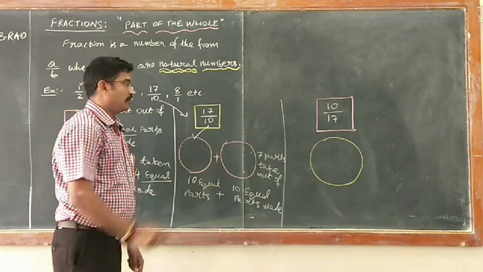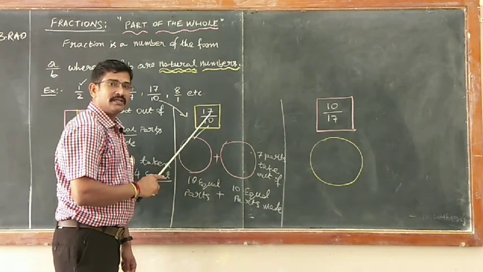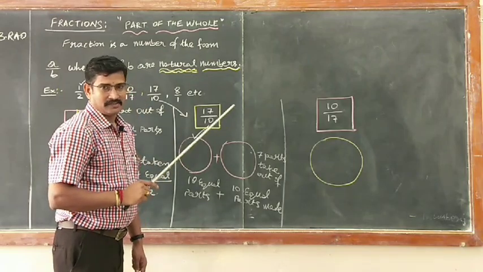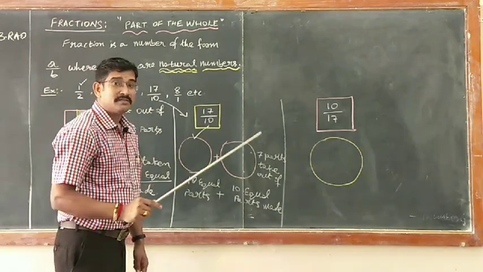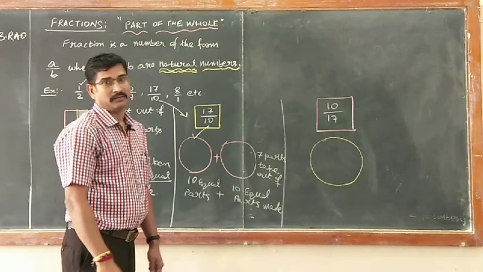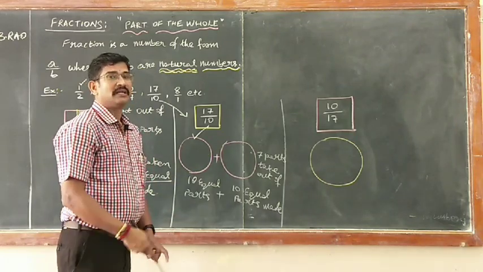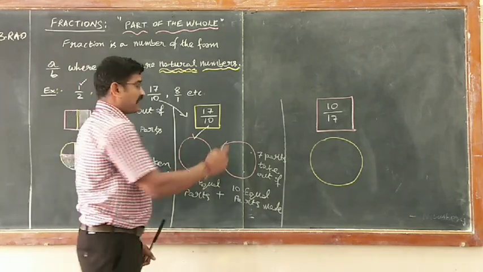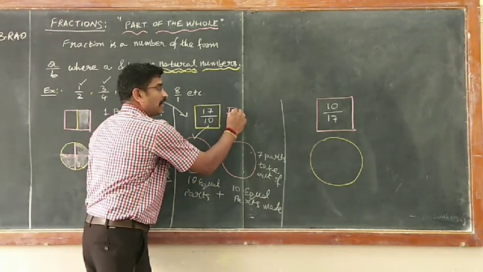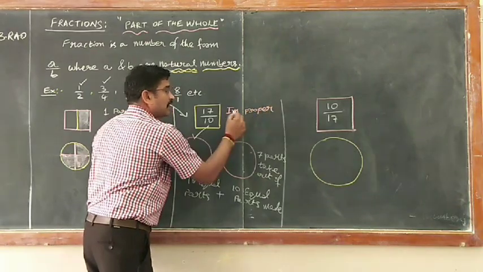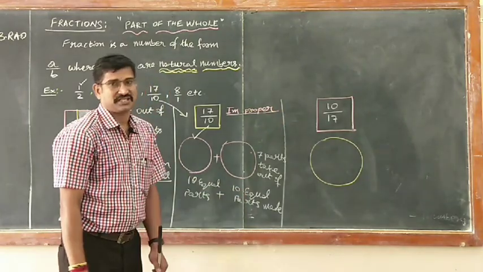Whenever the numerator is greater than the denominator in a fraction, it is more than one full. Such fractions are called improper fractions.